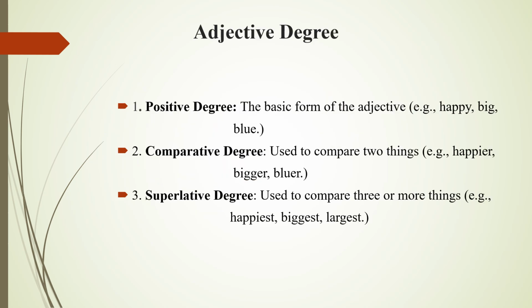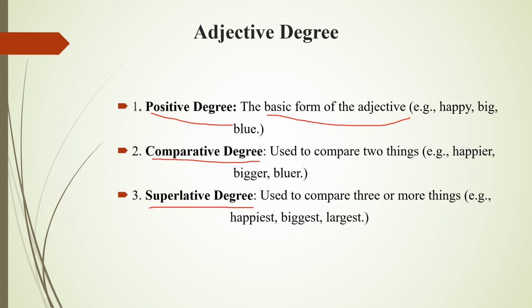Now, adjective degree. There are three types of adjective degrees. Those degrees are number one, positive degree, number two, comparative degree, number three, superlative degree. Positive degree is the basic form of adjective and it indicates one thing or individual, and here no comparison is being made.